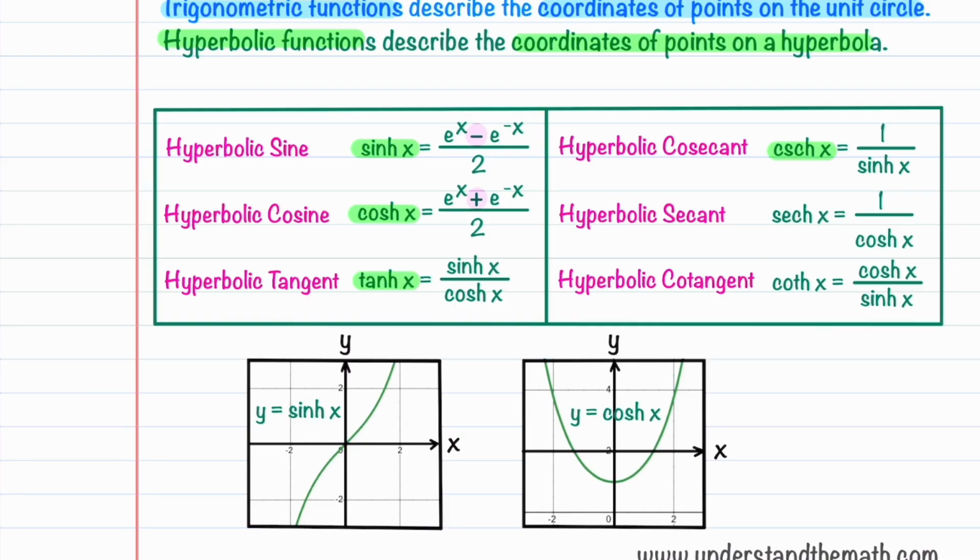The hyperbolic secant function is sech of x, and it's just 1 over cosh. And then lastly, the hyperbolic cotangent function is coth of x, and it's just cosh of x over sinh of x. Down here at the bottom, I have graphed sinh of x and then cosh of x so that you can see what they look like.